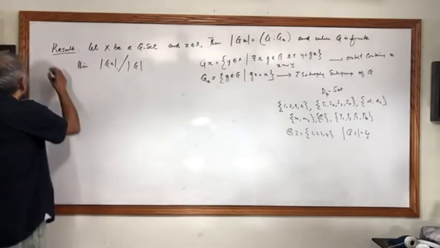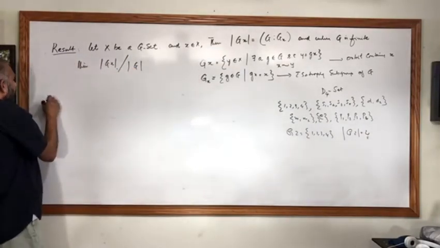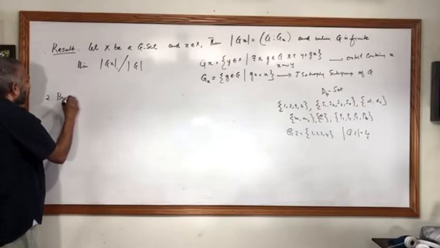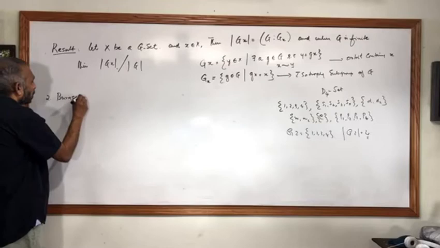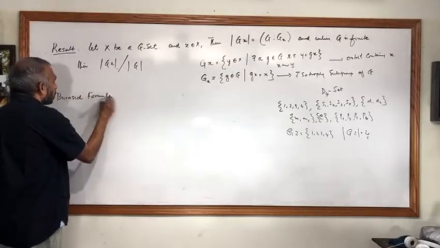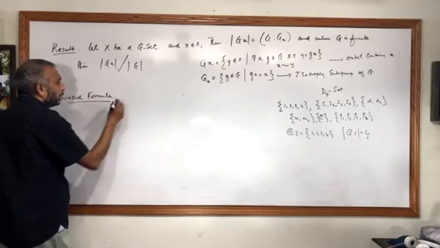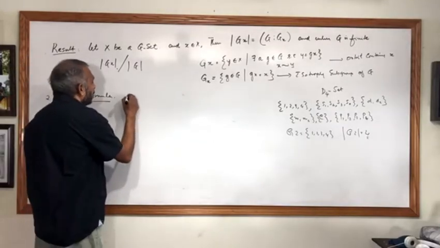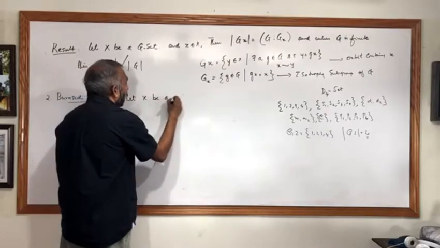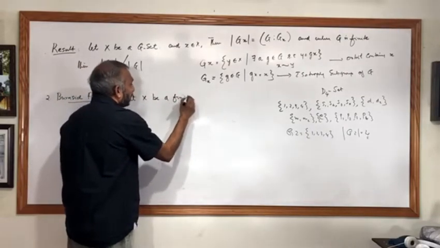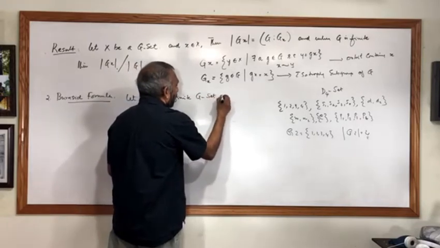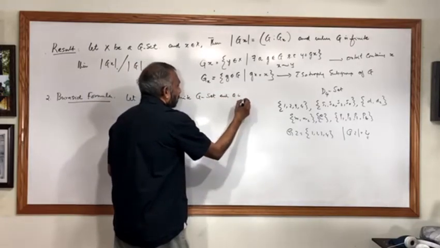That is one result. The second result is the Burnside lemma, or Burnside formula. Let X be a finite G-set and G is finite.